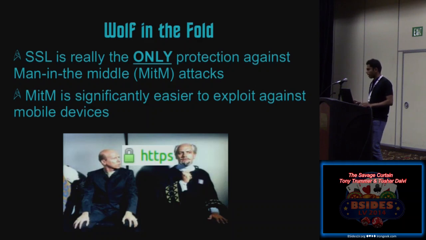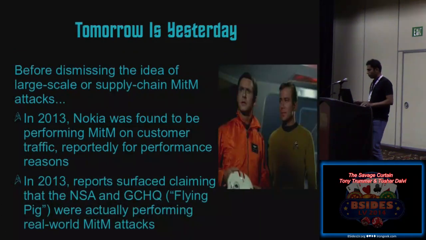And add to this the fact that researchers recently claimed to have cracked WPA2 encryption. So many of you would be thinking, what are the chances of such a large-scale man-in-the-middle attack taking place? Well, as a matter of fact, Nokia was found to be performing the exact same thing in 2013. And they reportedly did this for performance reasons.